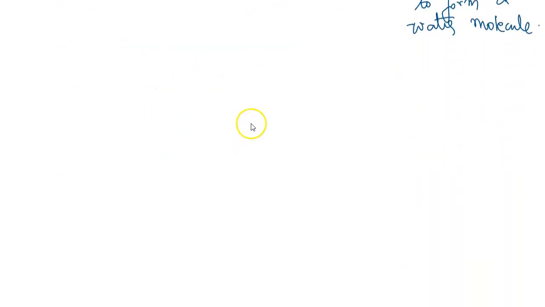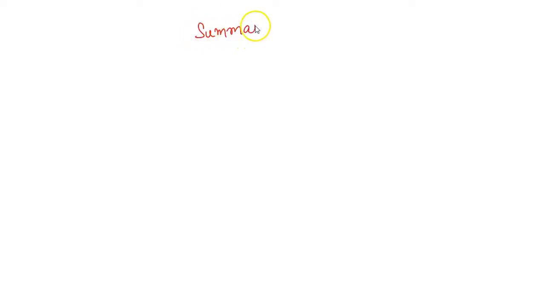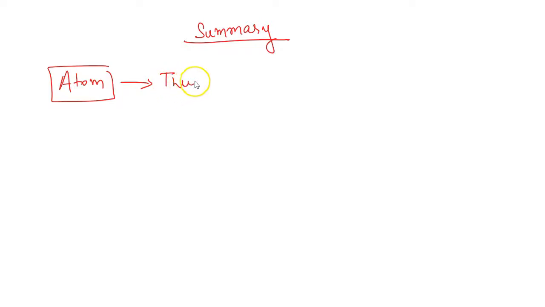And let us summarize what we learned. First, we talked about the atom and we discussed various hypotheses and various experiments to deal with the real picture of an atom.